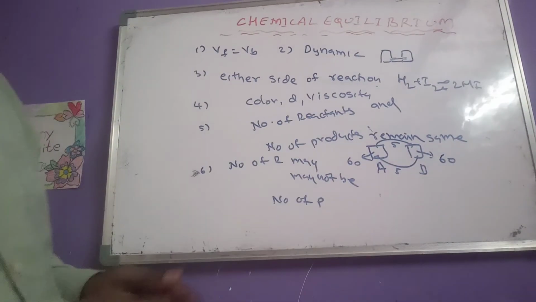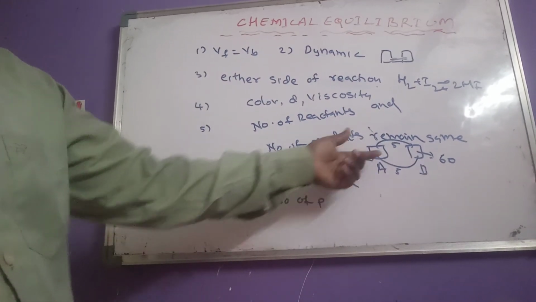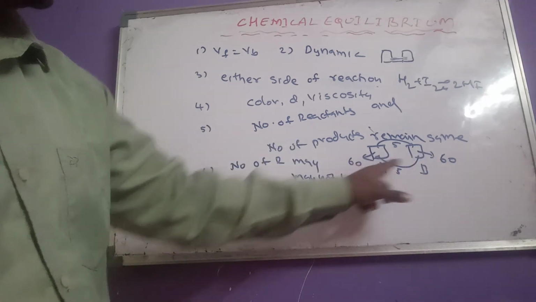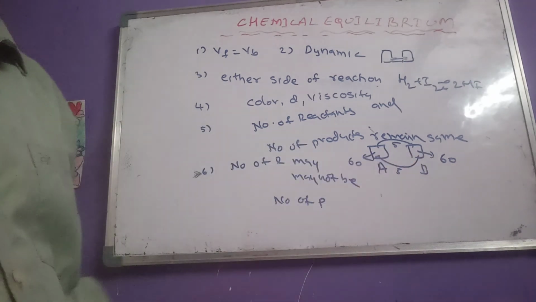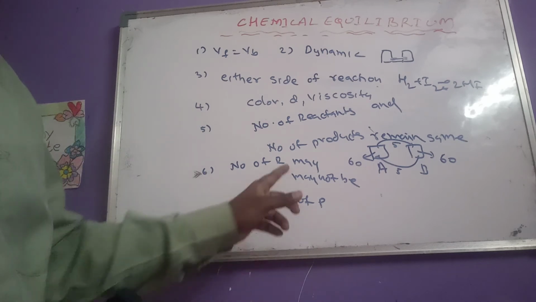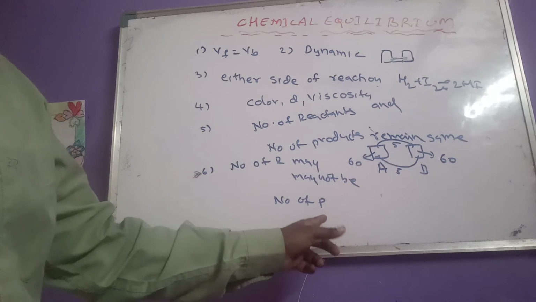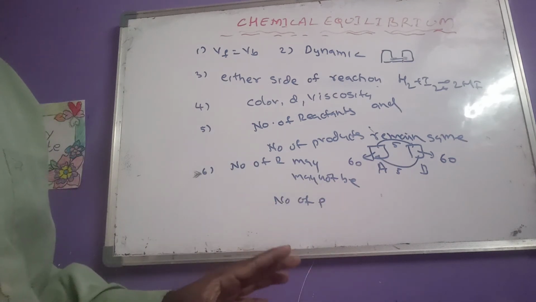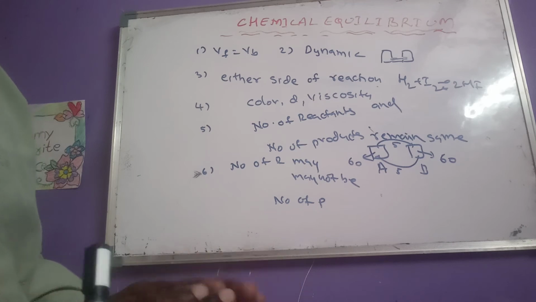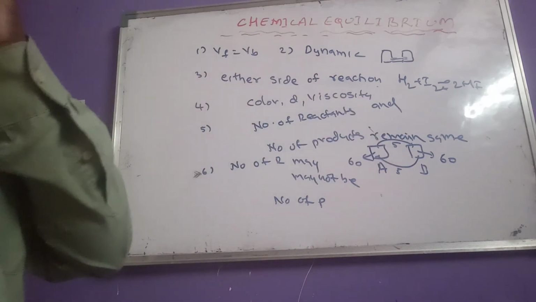Now second case, here also 5 members outgoing, 5 members incoming. Equilibrium is already established here also, but here the number of reactants and products are the same. That means at equilibrium, the number of reactants may or may not be equal to the number of products. That is not the condition. That should be equal or that should be not equal, no mandatory conditions are there. May or may not be equal.